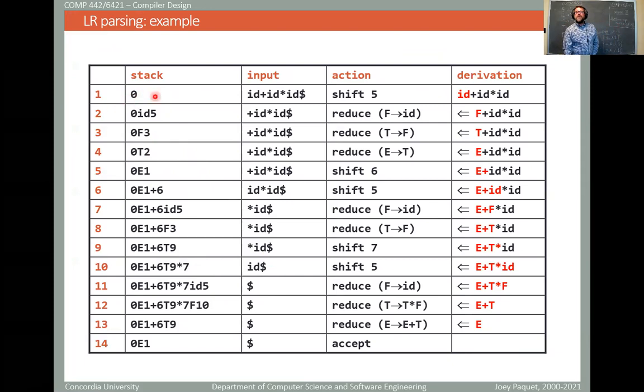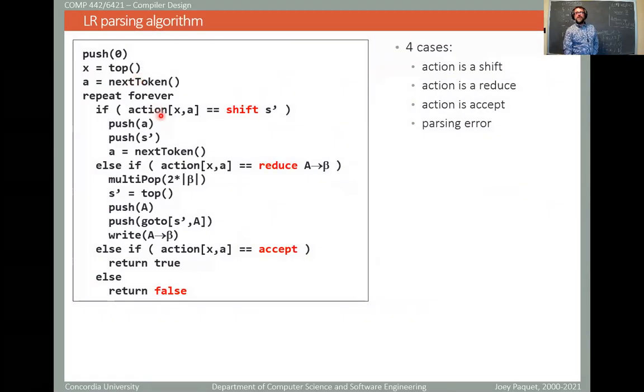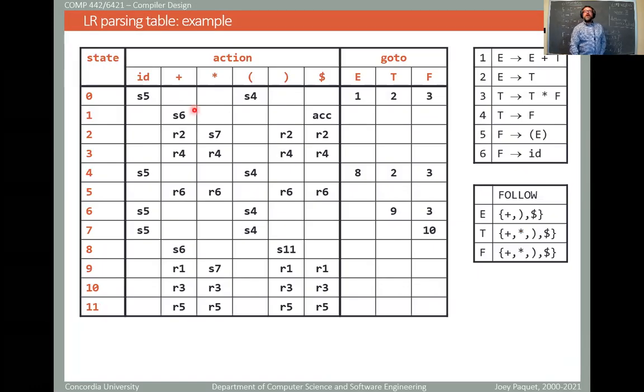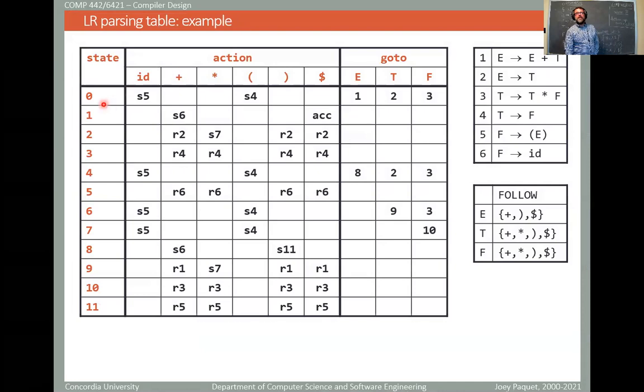So how does it go? I first push state 0 on top of the stack. Then I go into this algorithm, which tells me I should look into the action part at coordinates top of stack and next token. Top of stack is 0, next token is ID. So 0, ID tells me shift 5.